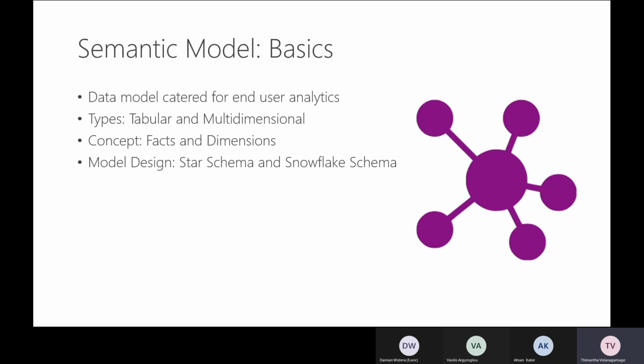Snowflake schema is a bit complicated compared to a star schema, and it's not the most optimized for analytical purposes. It is where dimensions have relationships with some other dimensions as well, which adds a bit of complexity into the data model.